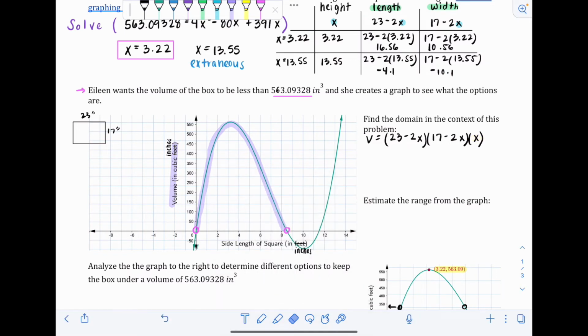Okay, so if I want to find the zeros of the function, that means I put 0 in for, in this case, v. Normally it would be f of x, but in this case, it's v. So we'll write our equation as 0 equals 23 minus 2x times 17 minus 2x times x. It's already in factored form, so we could just set each factor equal to 0. First we'll do 23 minus 2x equals 0.